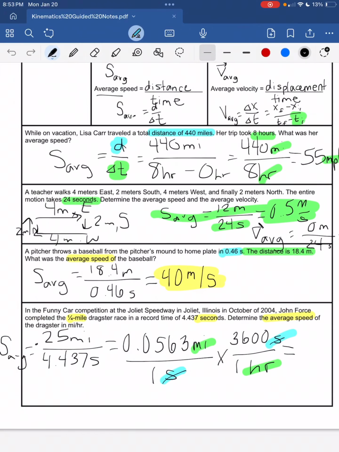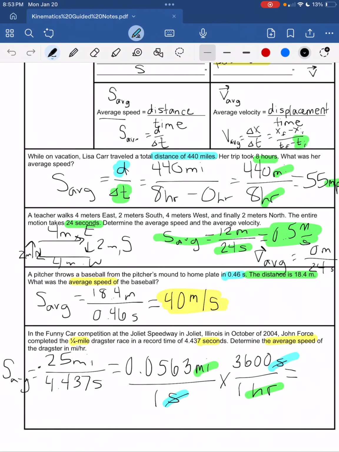Okay, he drove 200 miles per hour in that. Now that we have changed the units into miles per hour like the problem asked us to, we are finished and we have an answer that we can kind of relate to and understand.